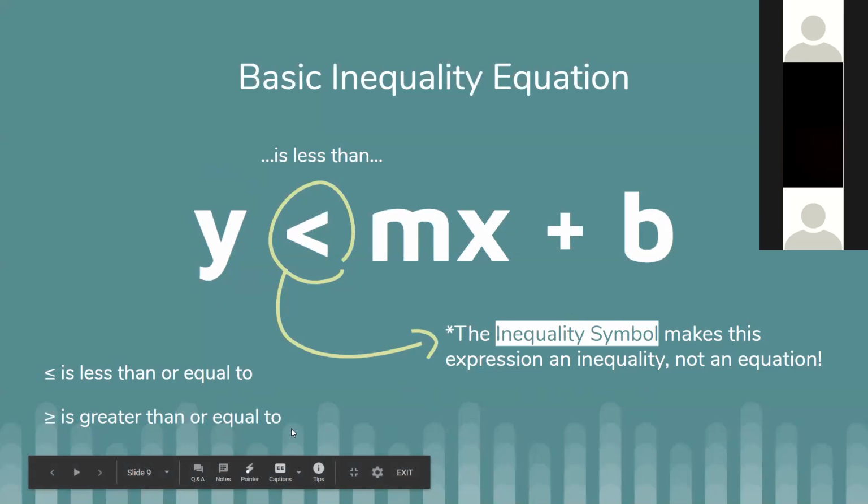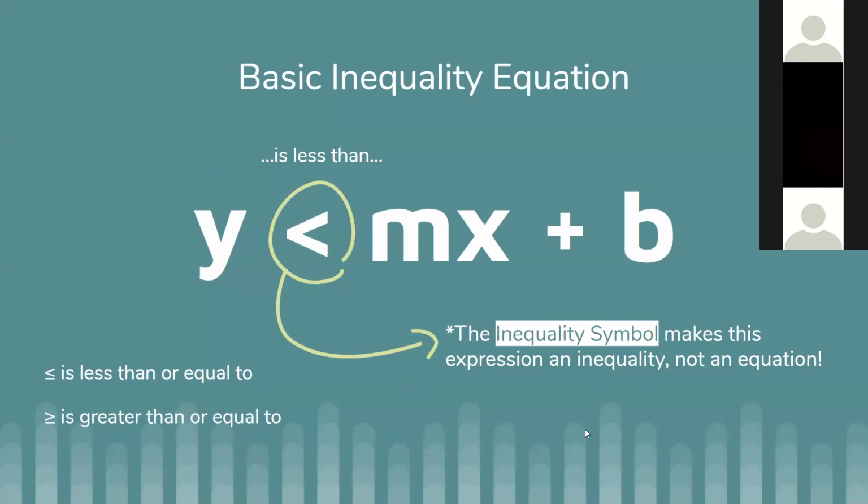So to think about what this means real quick. For the equation, we were graphing a line, right? So for the inequality, what do you think we're graphing?